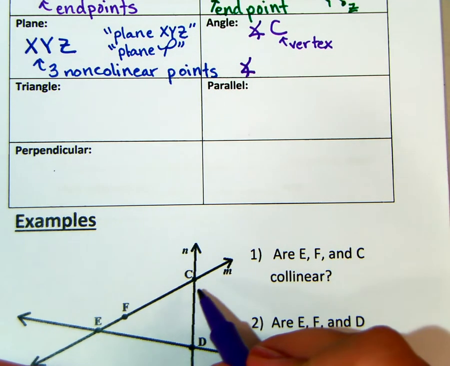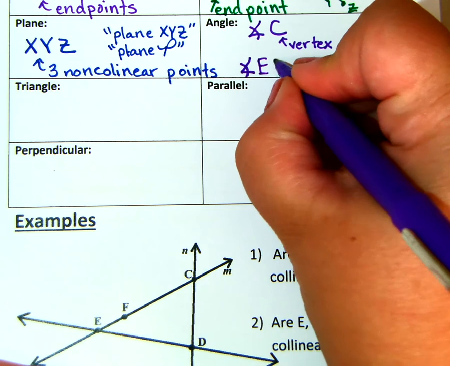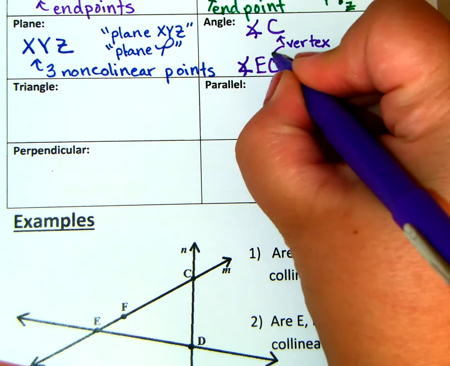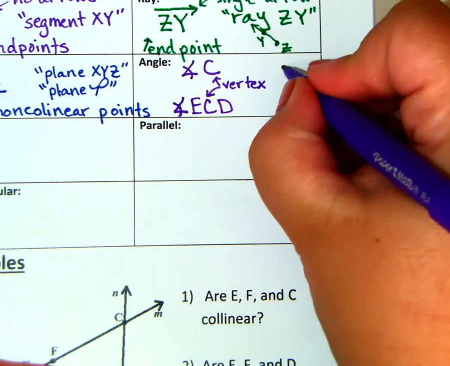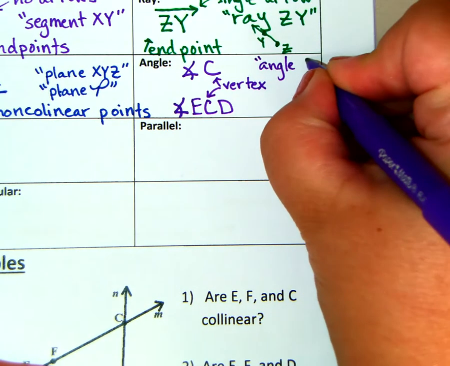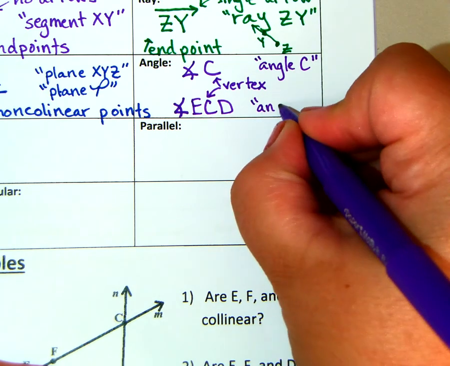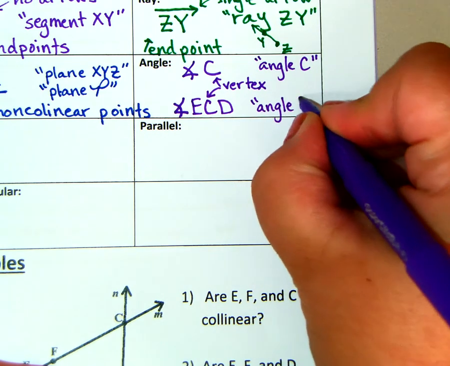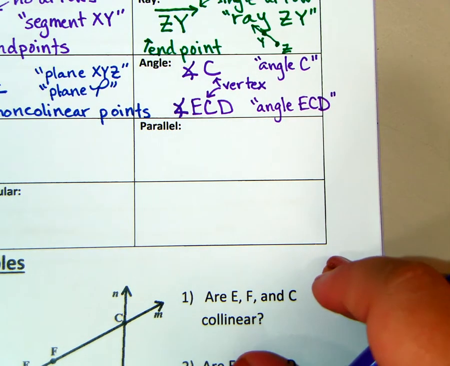Again, the vertex is the middle letter. And we call this angle ECD. That's how we name it.